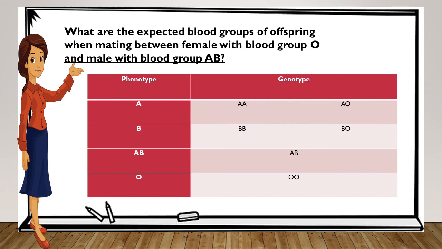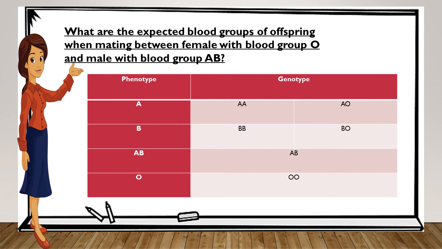But the genotype of the female is OO, as the blood group O has a genotype OO. So if we make the problem, we will find that of all the offspring, 50% will be A and 50% will be B.